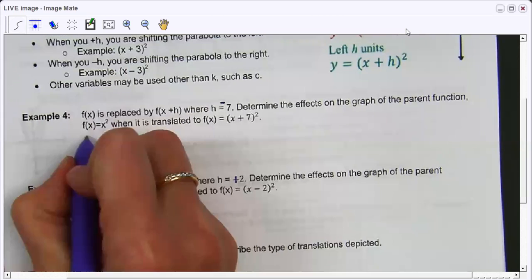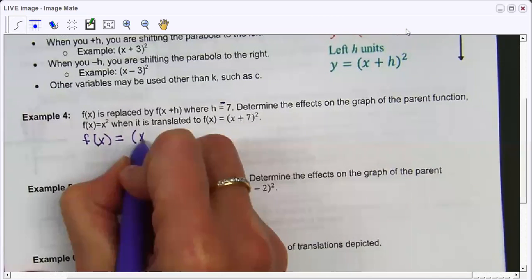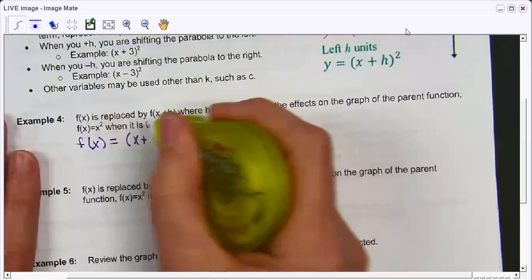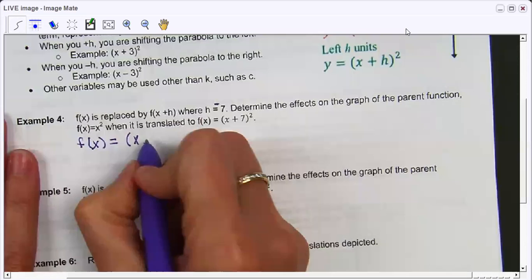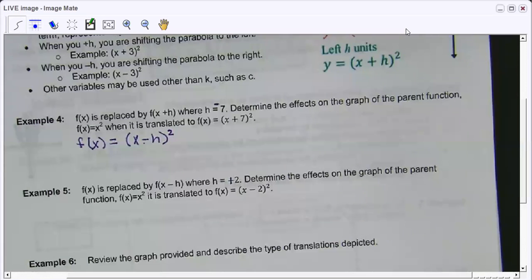Our parent function is f of x equals (x minus h) squared. We want to translate it 7 units to the left, which is a -7, because to the left is negative.